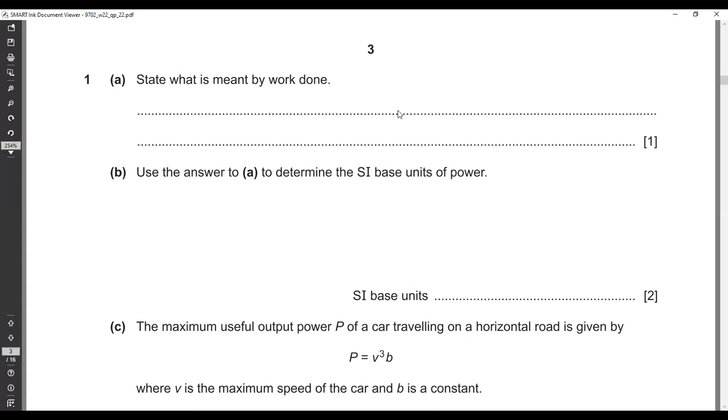So can you see it? Yes. So whenever they simply ask a definition for one word, 1 mark, you can always write the formula, but the appropriate formula for it.